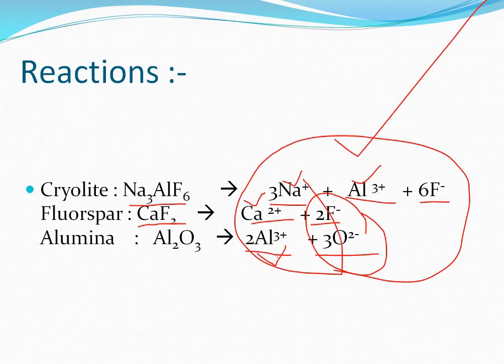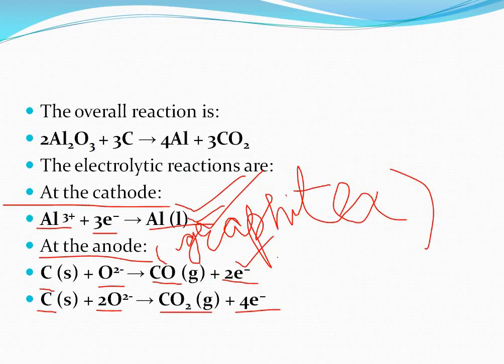Okay, write this down. The overall reaction is that alumina is reduced by carbon to aluminium metal, and CO2 molecules are produced here, right?